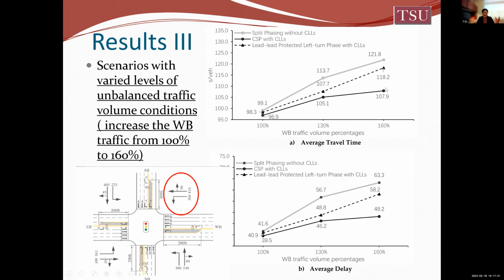So our CSP design allows us to use both the CLL design and the split phasing. That's why when the traffic condition becomes more unbalanced, our performance becomes better. The reason is this CSP design allows you to combine the benefits of the control left-hand design and the split phasing design.